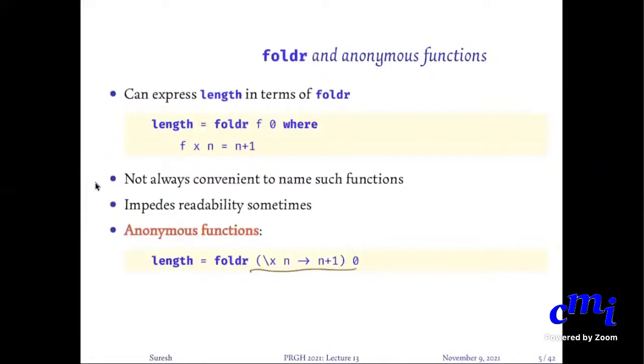In this case, particularly since the x is not used, you might also be able to render this as foldr of underscore, don't care. The first argument, you don't care what it is. The second argument is n, and then the body is n plus 1. So you can give any pattern instead of a name for the arguments, and underscore is a very useful pattern.